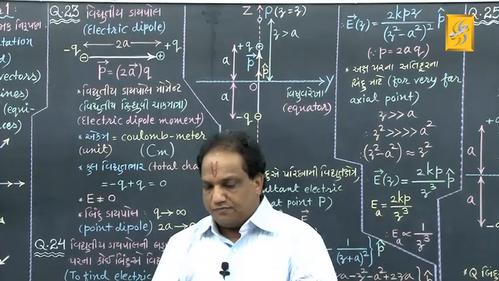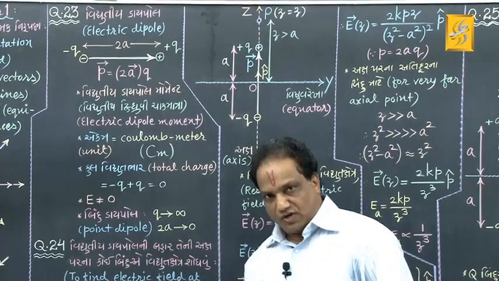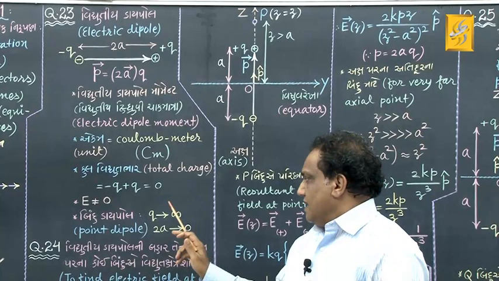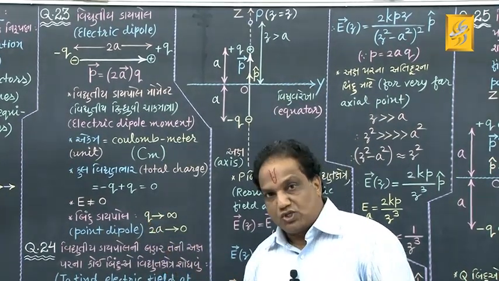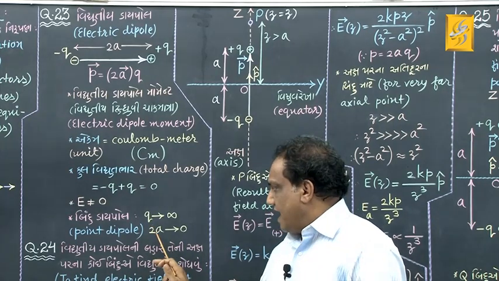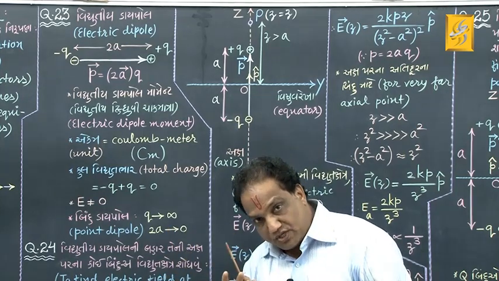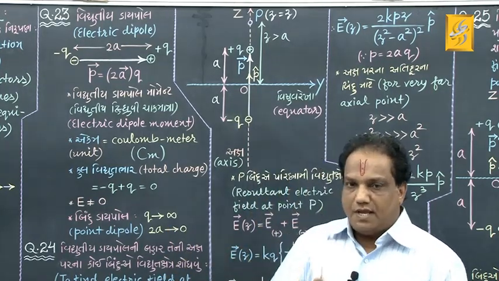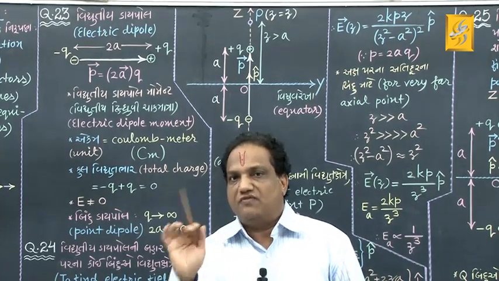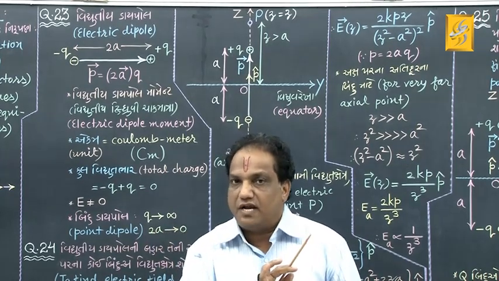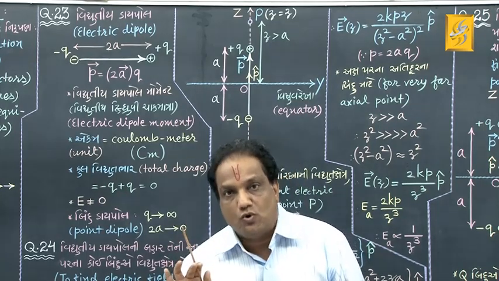Now, we go for what is called a point dipole. A dipole in which the magnitude of either charge tends to infinity and the distance between the two unlike charges tends to 0 is called a point dipole.